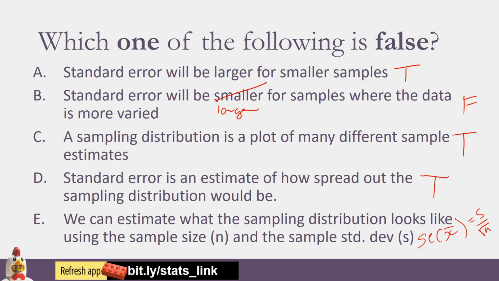And the reason those two things are really important is sample size and variability are the two things that affect how much sampling error we have. And what the sampling distribution looks like depends on how much sampling error we have. So if we can estimate how much sampling error there is, we can get an estimate for what the sampling distribution looks like as well.